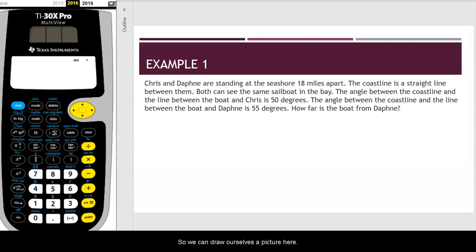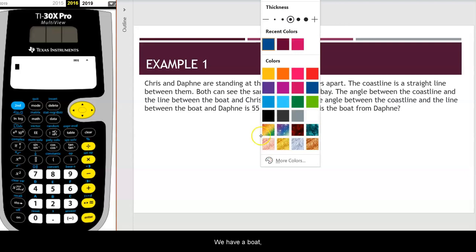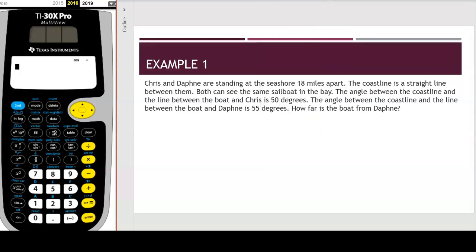So we can draw ourselves a picture here. We have a boat out in the bay. And we have Chris standing over here. And we have the shore or the coastline.